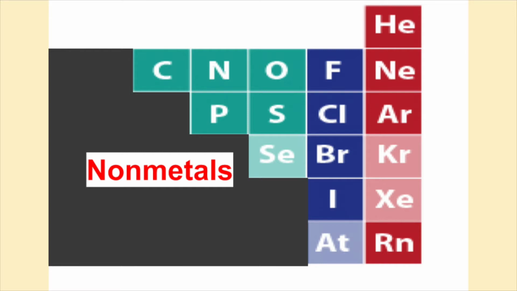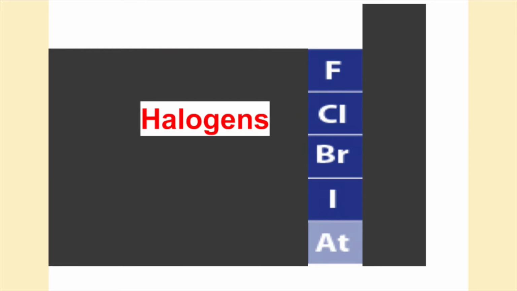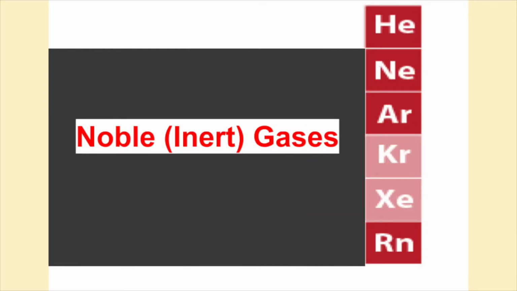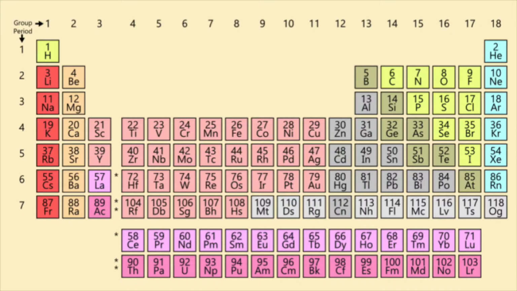They are halogens. These are extremely reactive nonmetals. Then we have the last column, which we call noble gases. They're sometimes called inert gases. The properties of these are that they don't react with anything at all. Like at all. Seriously, they don't react with anything.